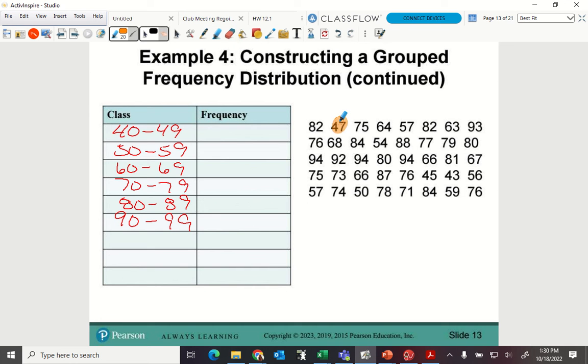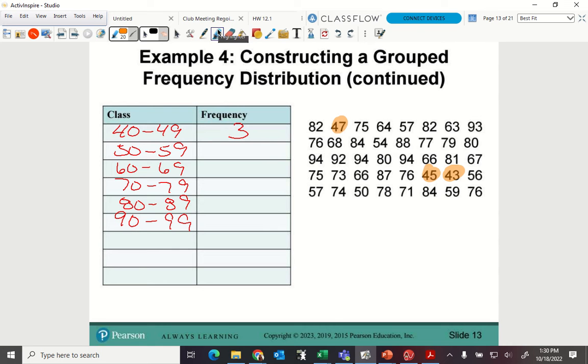So I go 1, 2, 3. Only 3? Okay. I got 3 in that range. And that's how we do this. That's pretty easy, right? Let's keep going.